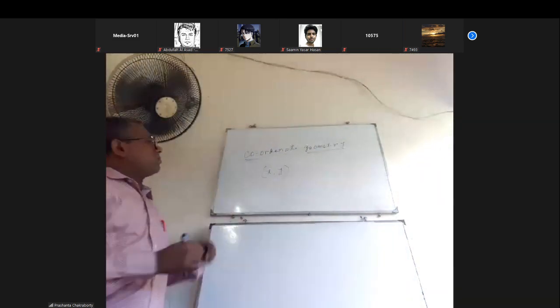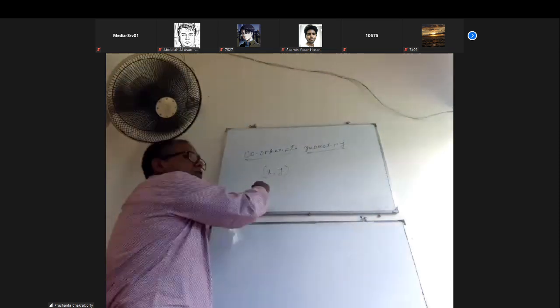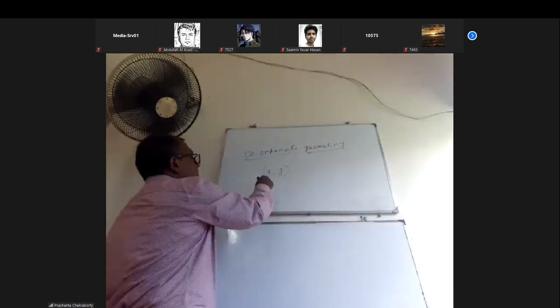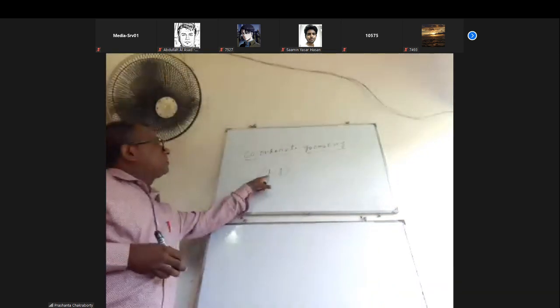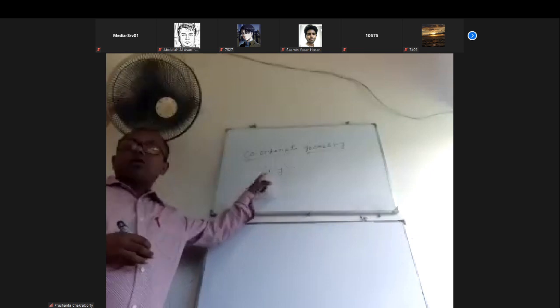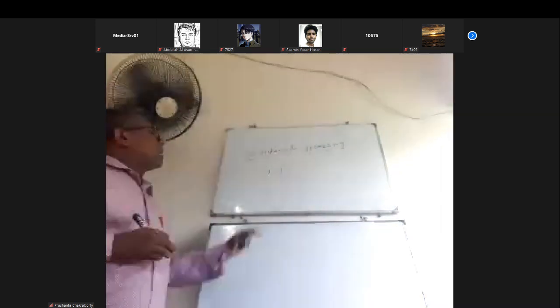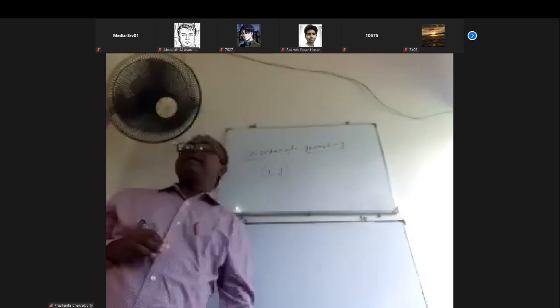Cartesian coordinates of a point is represented by (x, y). The first element x is called the abscissa of the point, and the small y is the ordinate of the point.